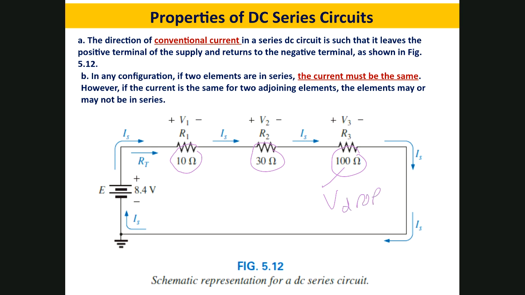So the 100 here has the highest voltage drop compared to the other resistors. So we apply Kirchhoff's voltage law, which is E equals V1 plus V2 plus V3. So the summation of the voltage drops gives the supply.